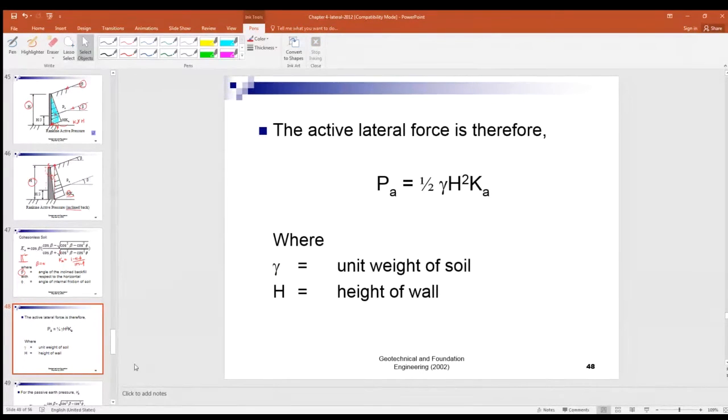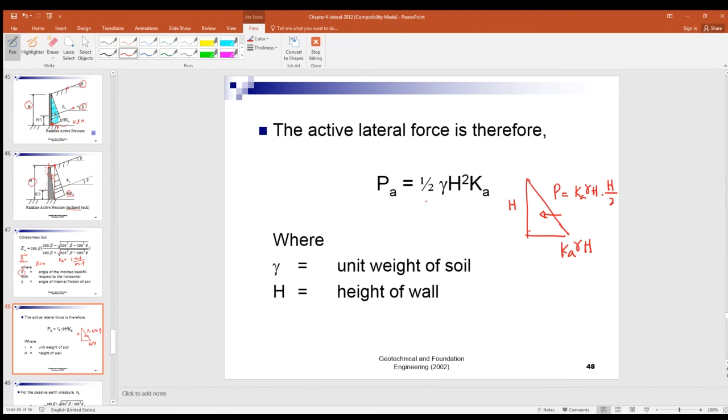So again, you can use this formula, because if you got H, so the active pressure Ka gamma H, so you got this force P equal to Ka gamma H times H over 2, the area of the triangle.